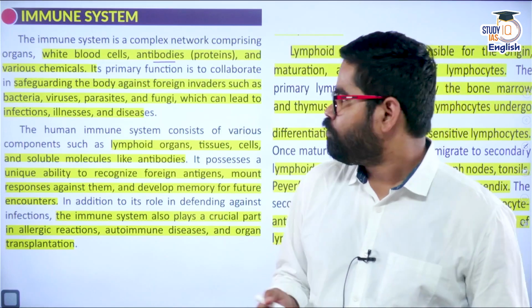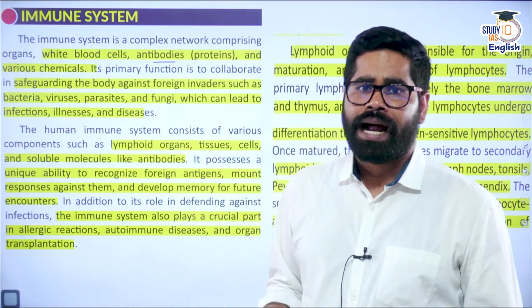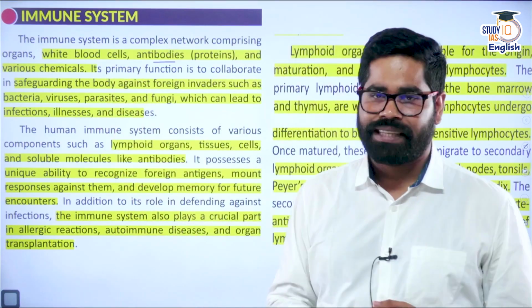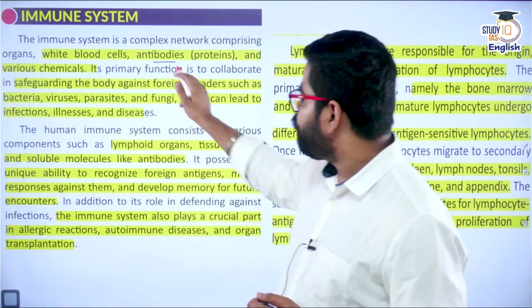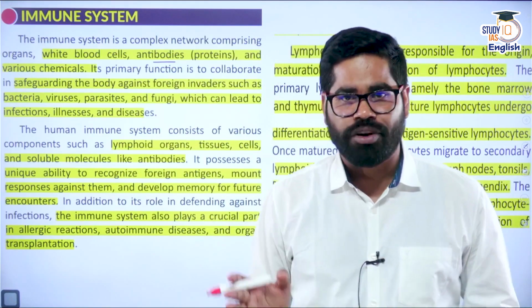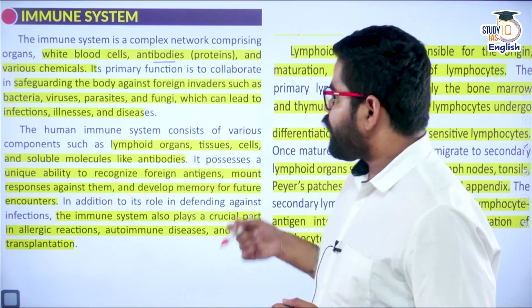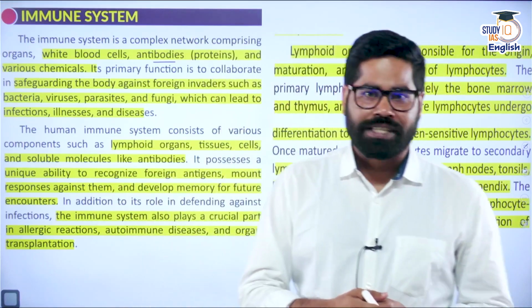Now, let us see what this immune system is. First of all, we have seen that white blood cells are there, we have antibodies, plus a range of different chemicals. Now, what is the primary function of this immune system?